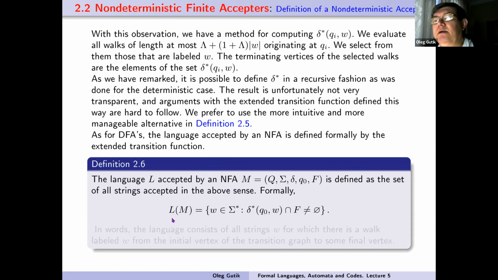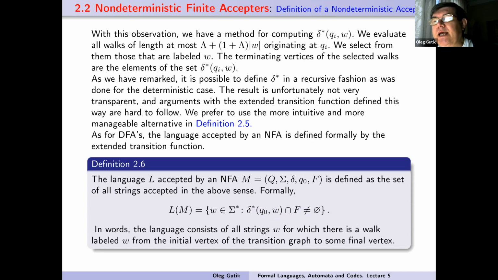Formally, the language accepted by M consists of the words W from Sigma star such that the image of the function delta star of Q0, W intersects with F, that is, is not empty.